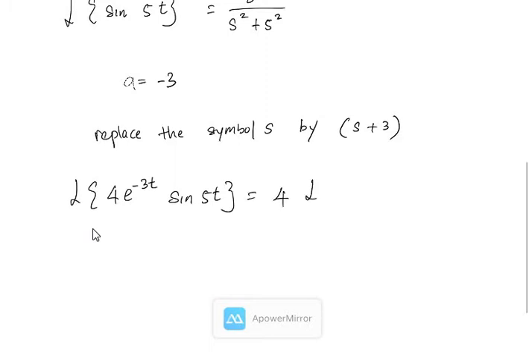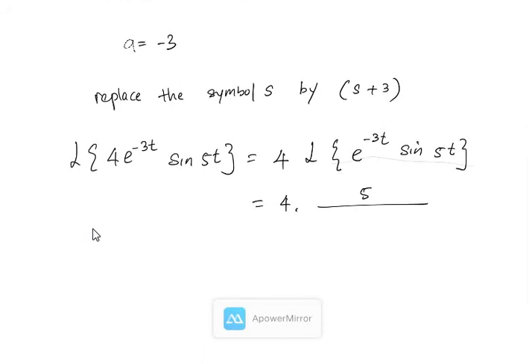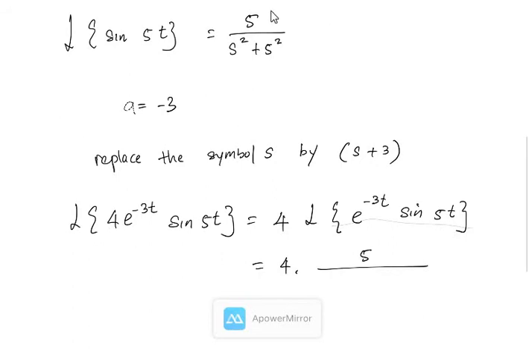Four is a constant, we take it out, and then the Laplace transform of the exponent negative 3t sine 5t. For the sine 5t, you have 5 divided by s squared plus 5 squared. But don't forget the exponent negative 3t, you have the shifting, so it's s plus 3.